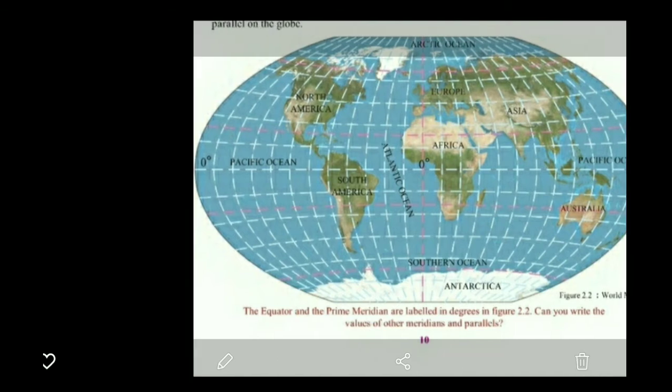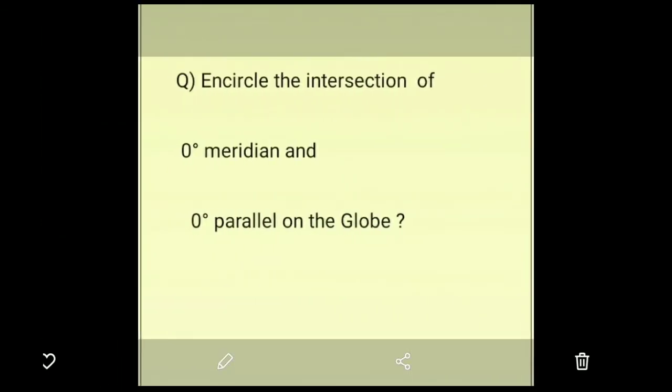Let us move ahead to the next question. Encircle the intersection of 0-degree meridian and 0-degree parallel on the globe. Students, you know the 0-degree meridian is your prime meridian and the 0-degree parallel means your equator. So you have to find out the intersection where these two important lines meet. Let us see on the globe.